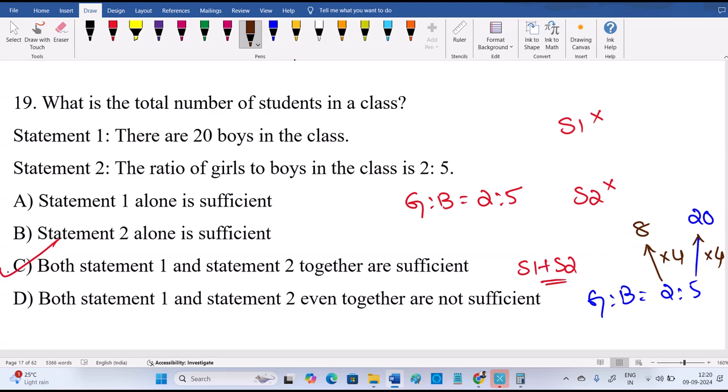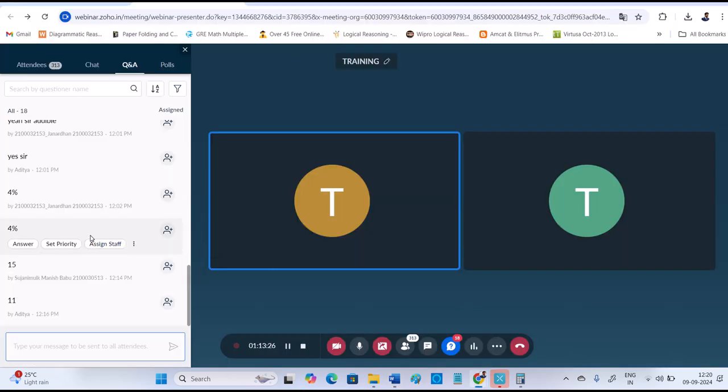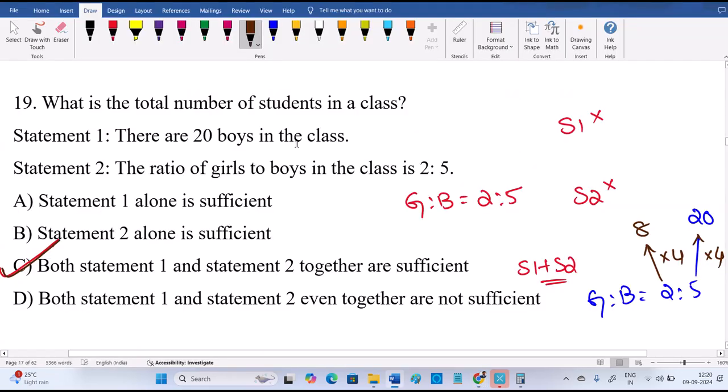So we can find the total number of students, 28. In fact, there is no need to do all this calculation. Our job is simple: can we do it or not? Yes, we can do it. Data sufficiency question: one alone, two alone, no. Together, yes. Manish Babu, good. Aditya, good. Janardhan, good.